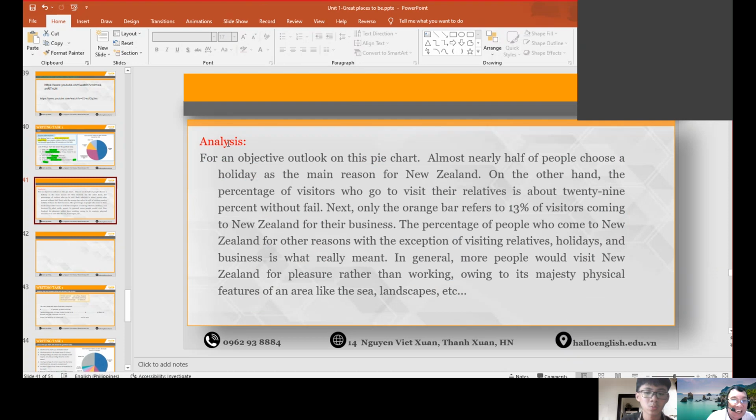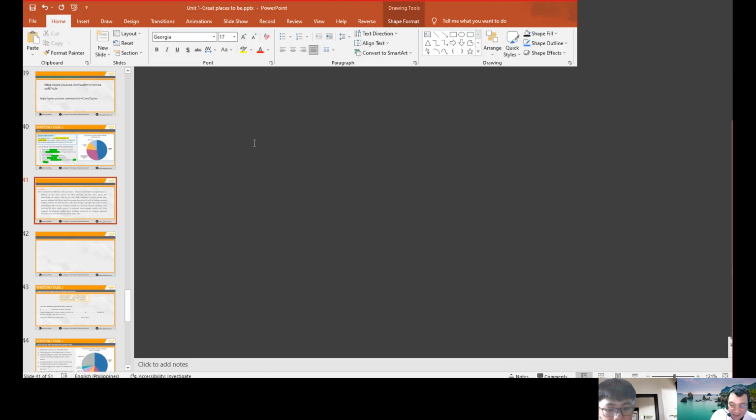That's why I put in here "analysis". So this one is not the analysis yet, but this one is what we call the interpretation. So this one now is the interpretation.